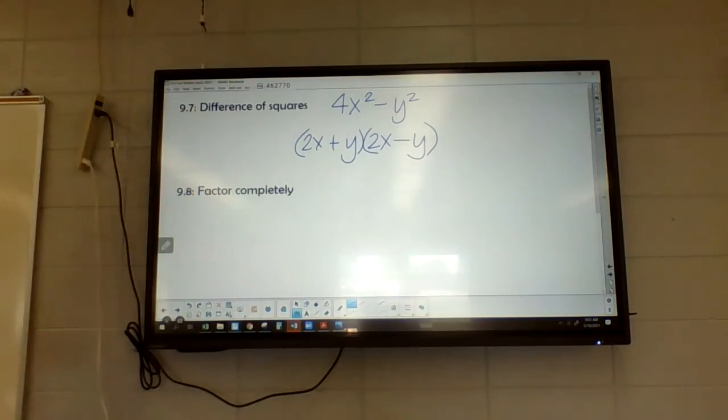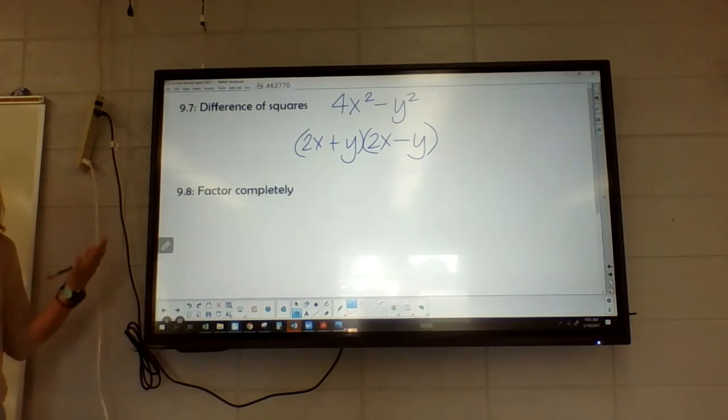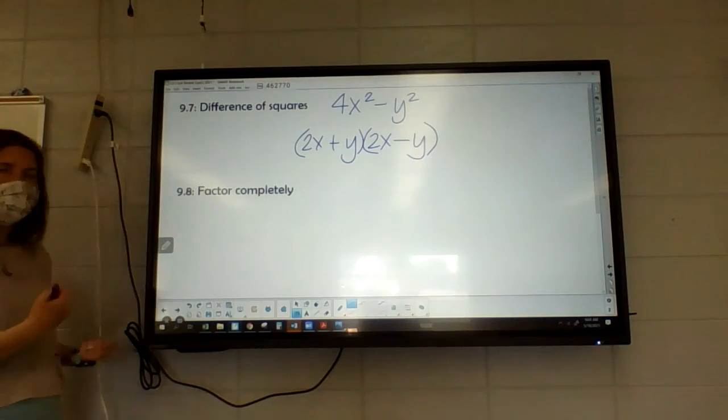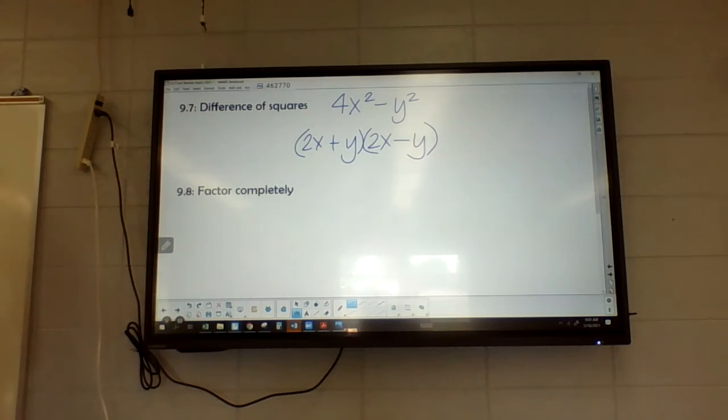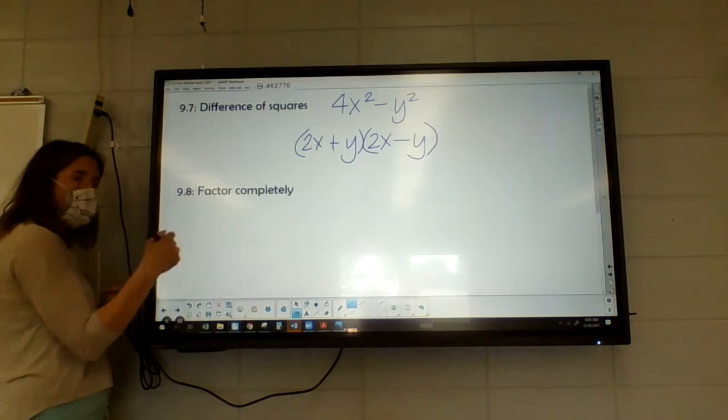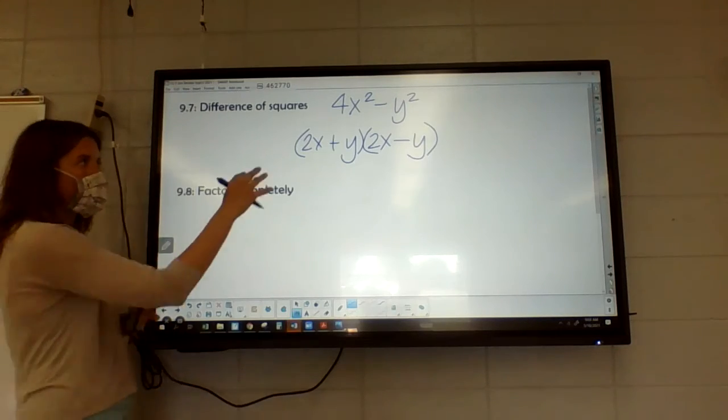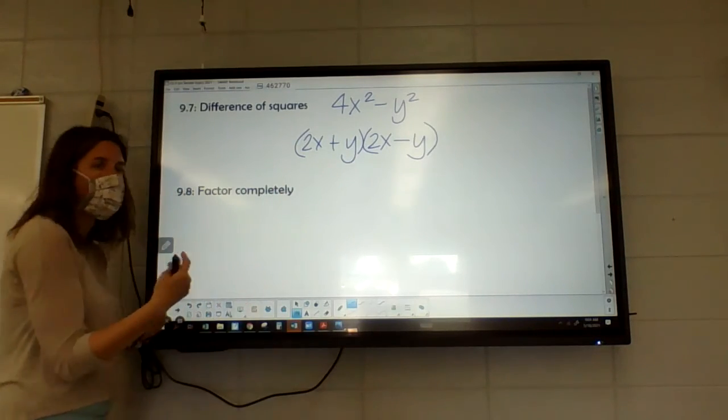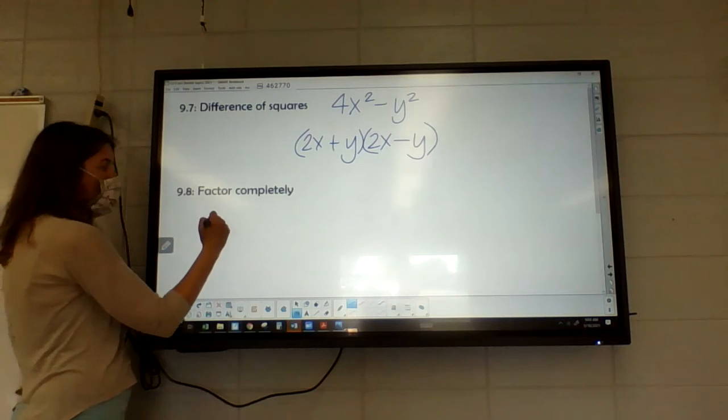The biggest thing when checking, can I factor further? Like when I look at these, is there anything that can come out of that? So look for a GCF.